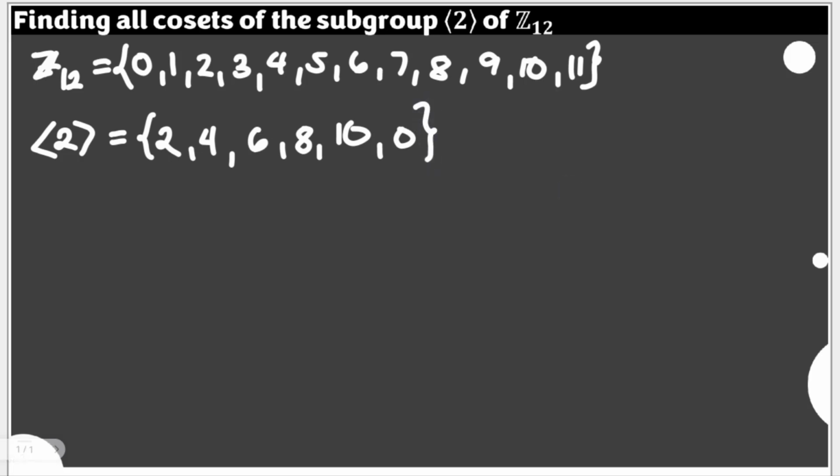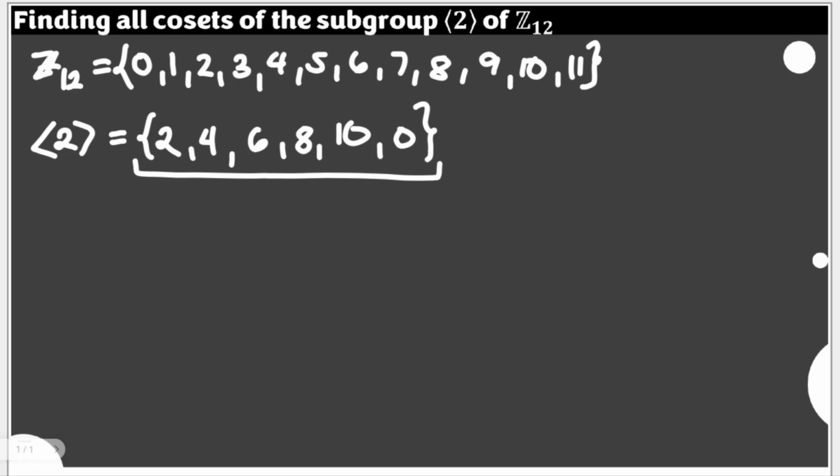And 0 plus 2 returns us to the first element, 2. This is our subgroup generated by 2, a subset of Z12 with 6 elements.